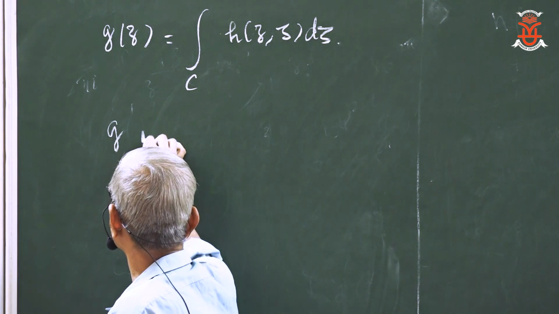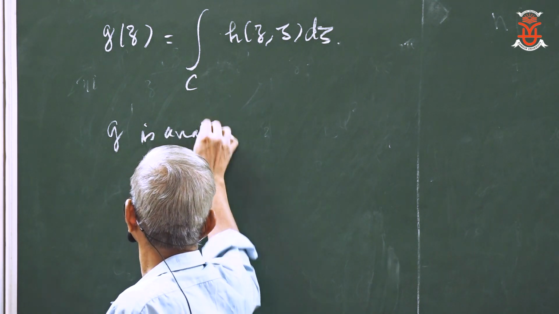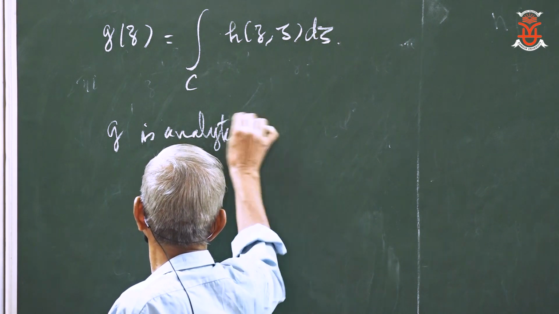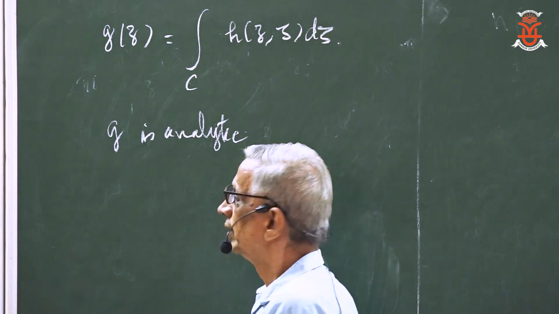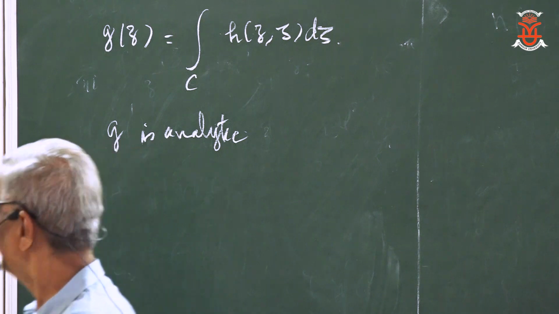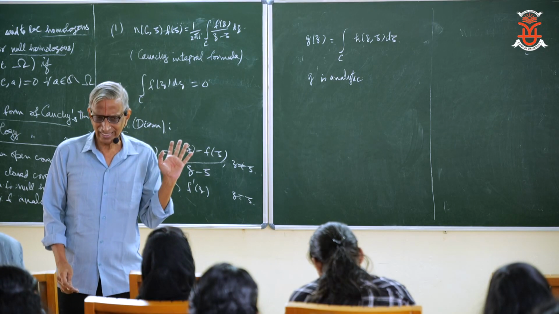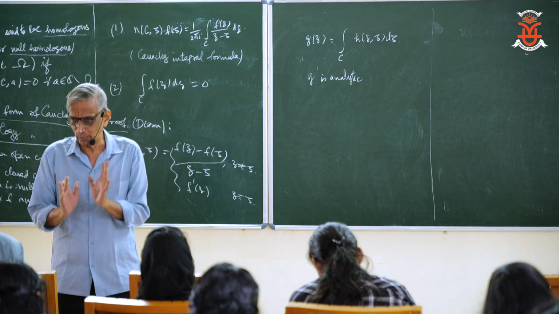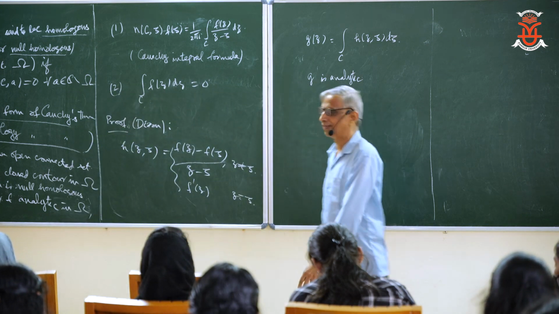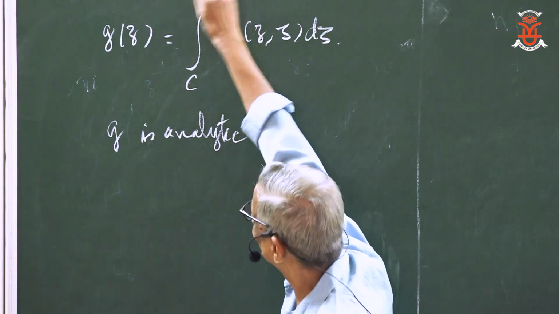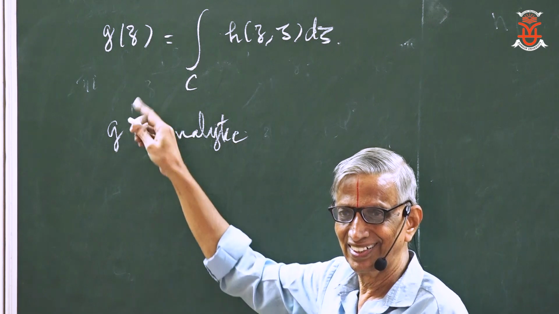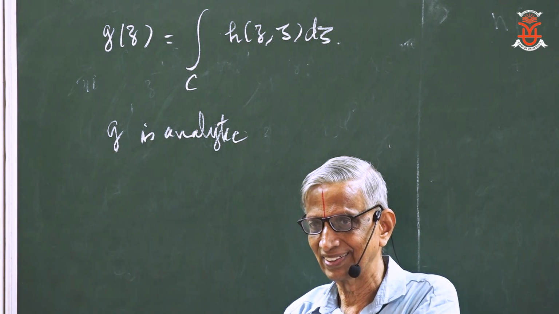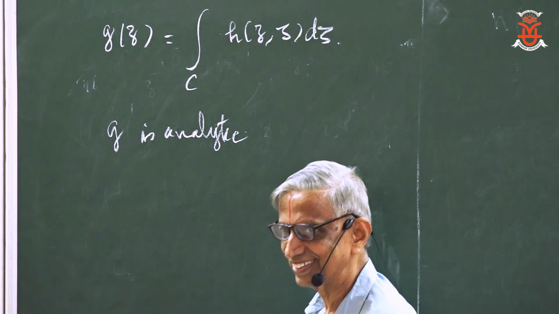G is analytic. This is actually quite simple. Use Morera's theorem. You integrate this over a triangle and change the order of integration. That's it.